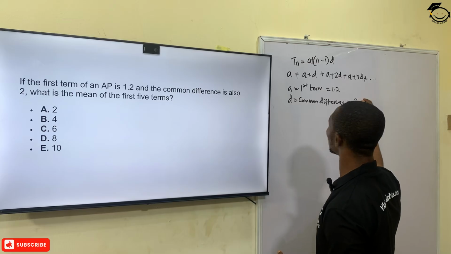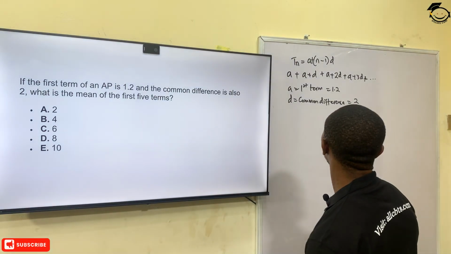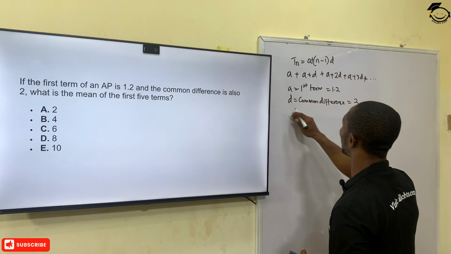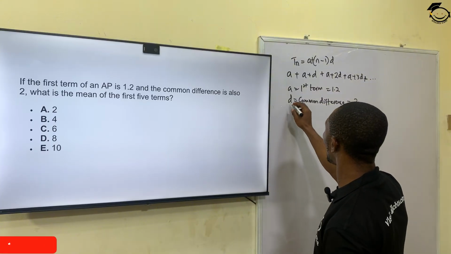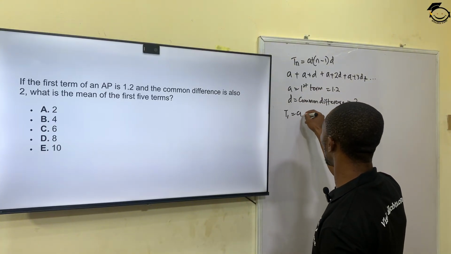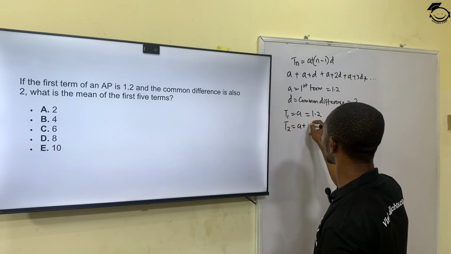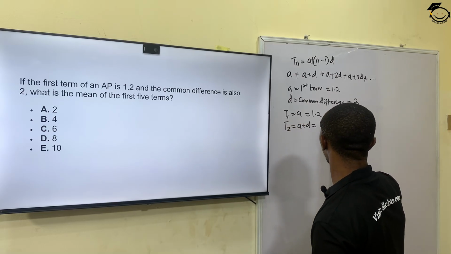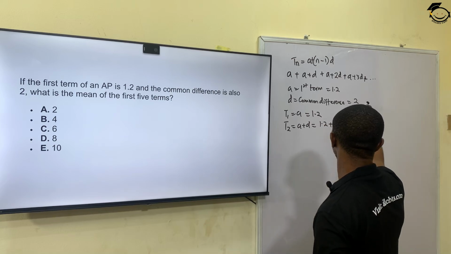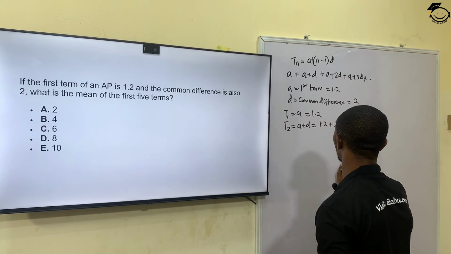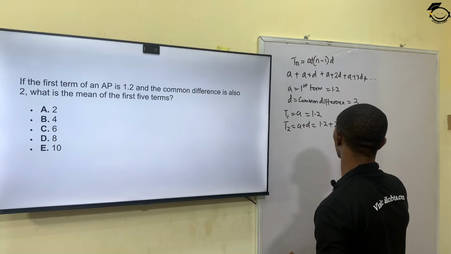is 2. All right, now for us to find the first 5 terms, we have our T1, which is A, as 1.2. Now T2, which is A plus D, will become 1.2 plus the common difference, to be 3.2.